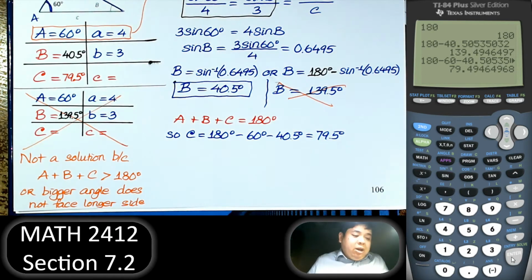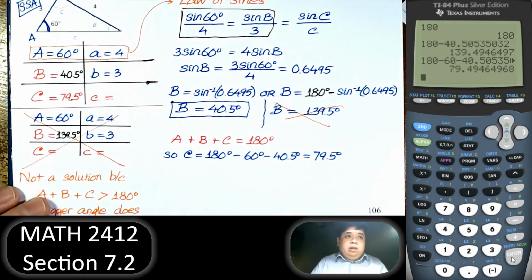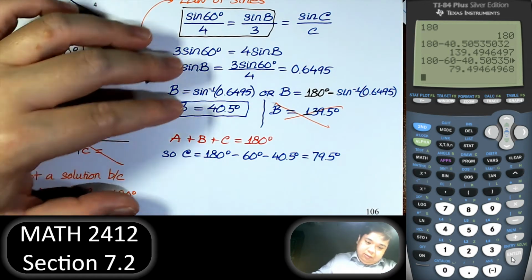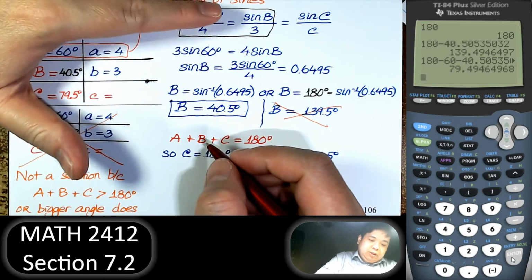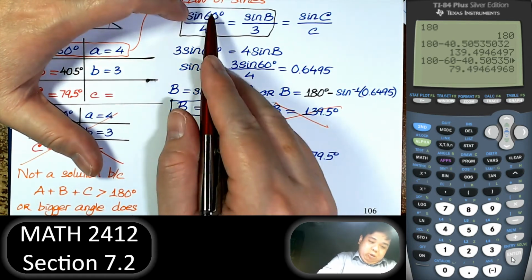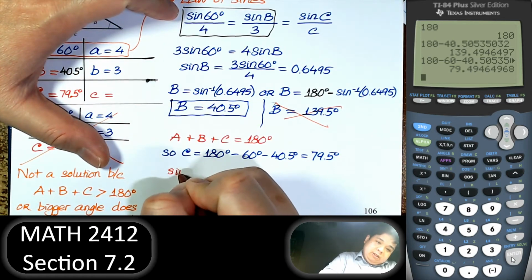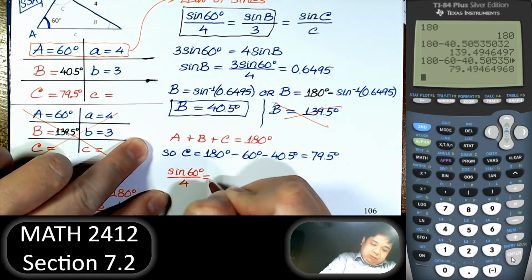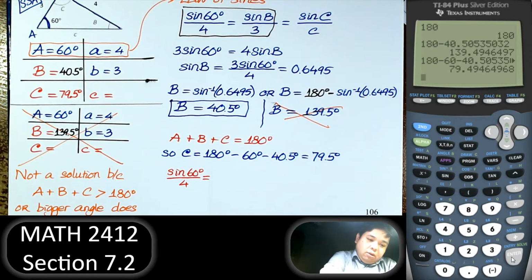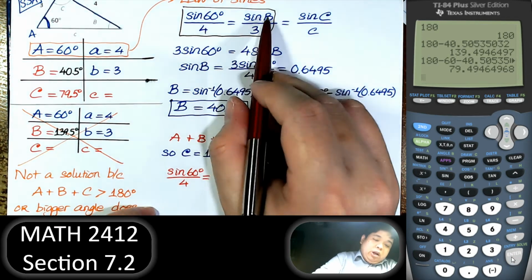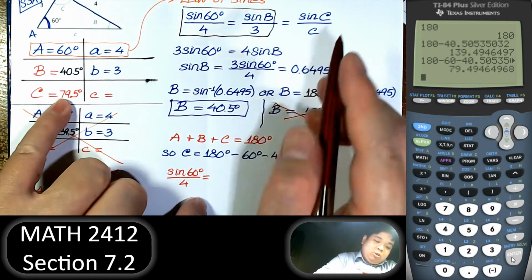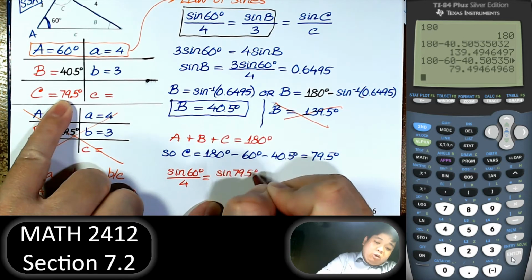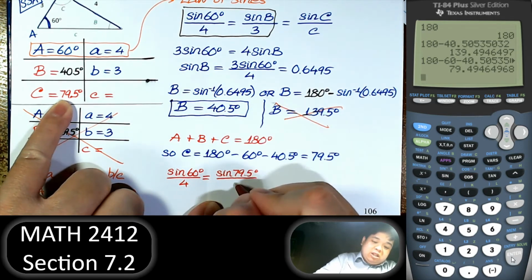Right, the rest is easy. We put in the ratio here for the law of sines. We're done with the first, we will keep the first ratio. We got B already. Now we go to sine of C, which is sine of 79.5. We do know the angle now. We just don't know the side c.